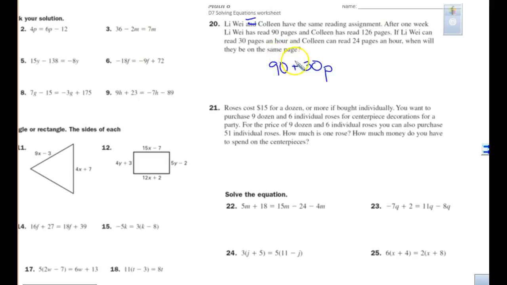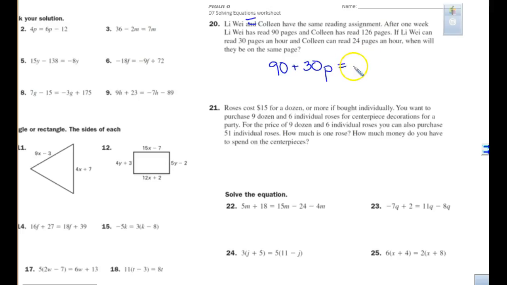We're trying to see when will they be on the same page? So in this case, we're kind of looking at maybe how many hours. So I don't know if you want to use P or if you want to use H, doesn't matter. Equaling, what do we know about Colleen if we are reading that, Courtney?